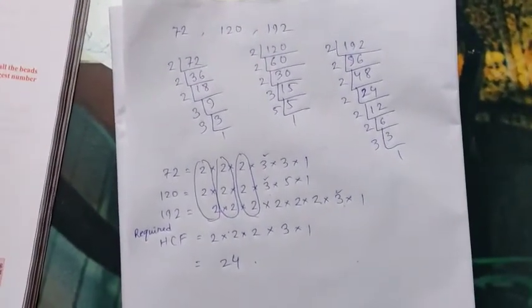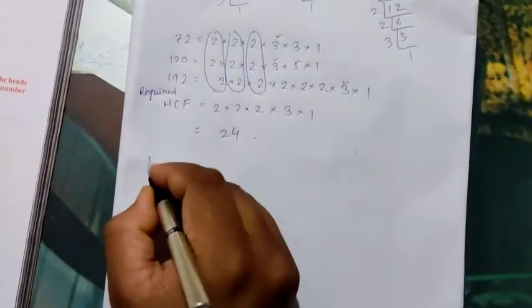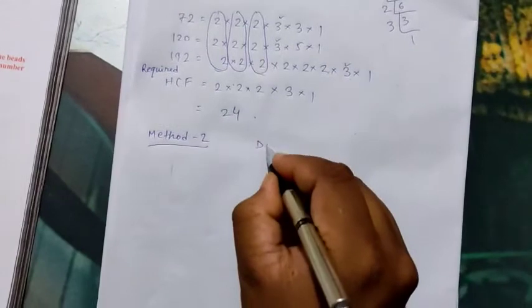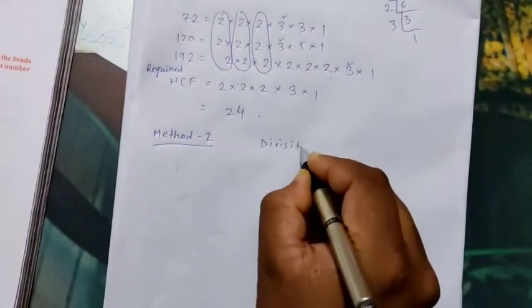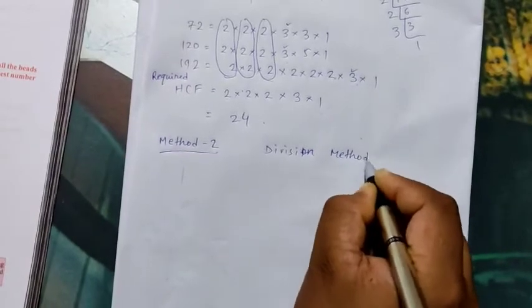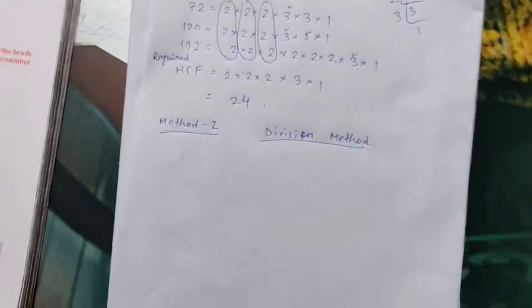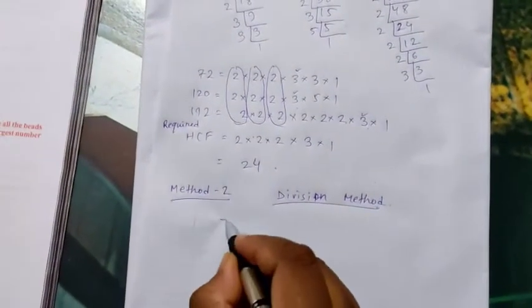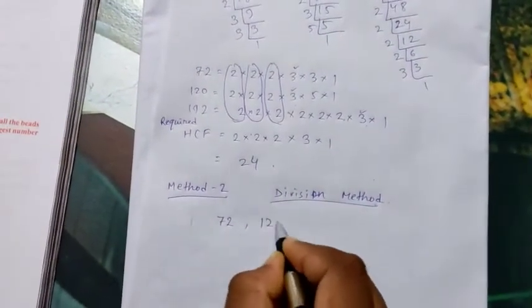Now let's discuss another method, method 2, that is the division method. Suppose we have to find the HCF of those three numbers only.